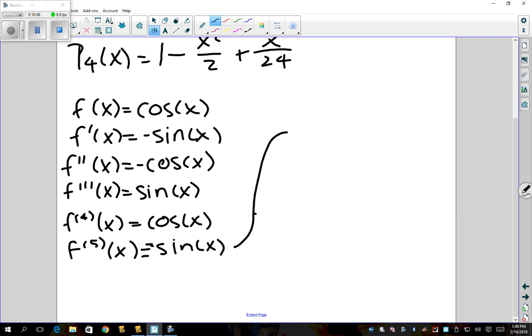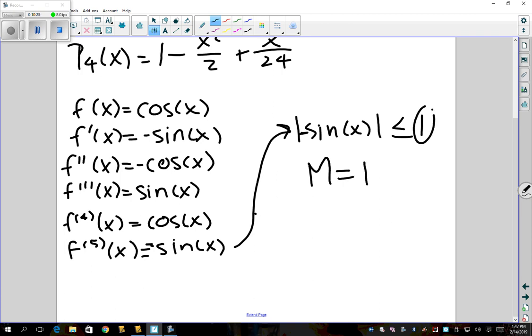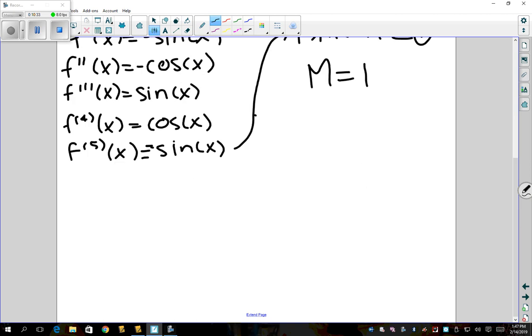When I look at the absolute value of sine of x, that can only be at most 1. So the maximum value, the absolute value of negative sine of x, is less than or equal to 1, so I'm going to say M is equal to 1. Worst case scenario, we find our greatest value on that interval, and it's 1.